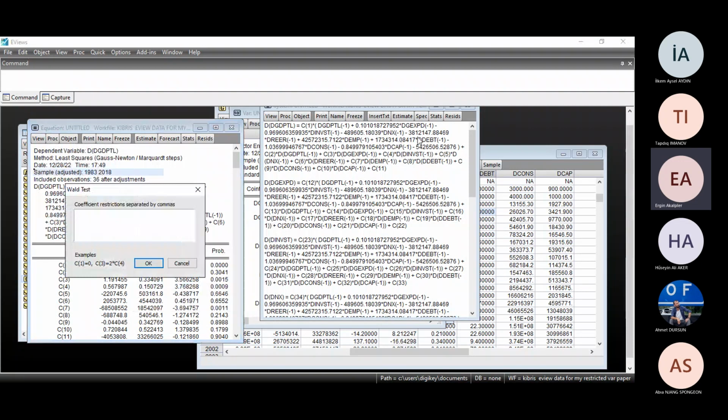I will do for C3 and C4. C3 is supposed to be 0. C4 is supposed to be 0. Then we will control whether it is, we can copy this.